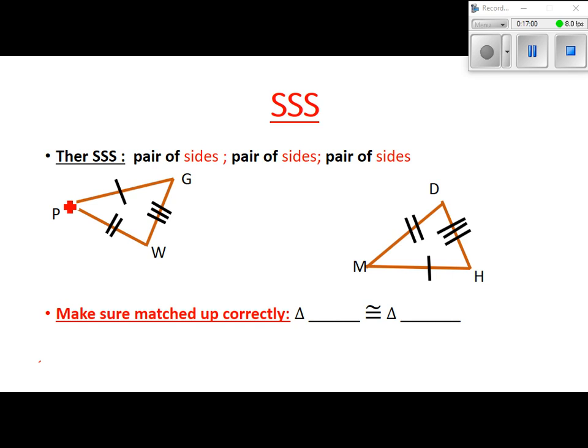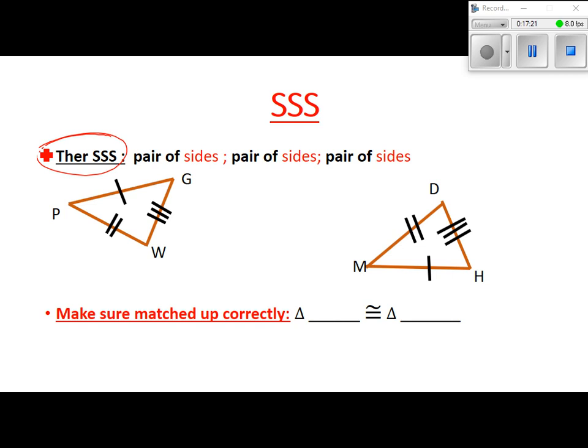So a pair of sides, another pair of sides, then a third pair of sides. Then we can say that the triangles are congruent. Once you've shown all the information to show that the 2 triangles are congruent by using side, side, side, you have to match them up.